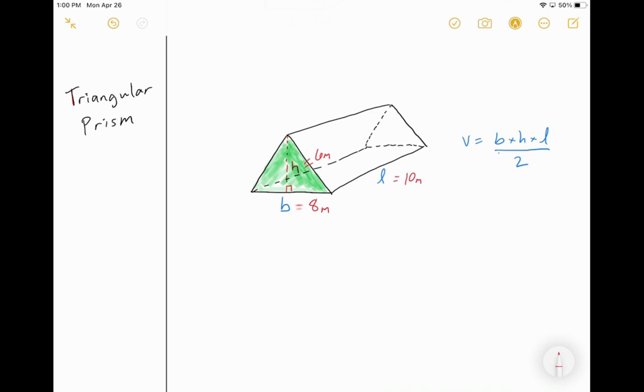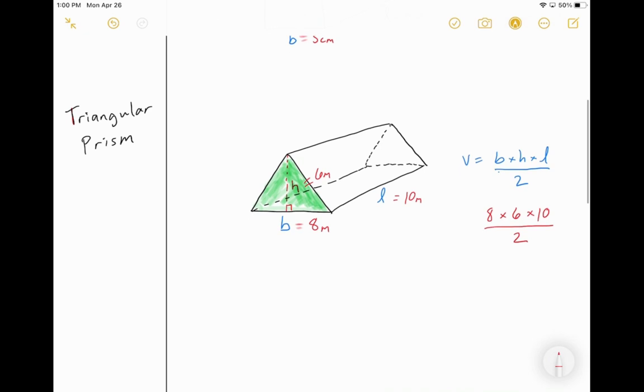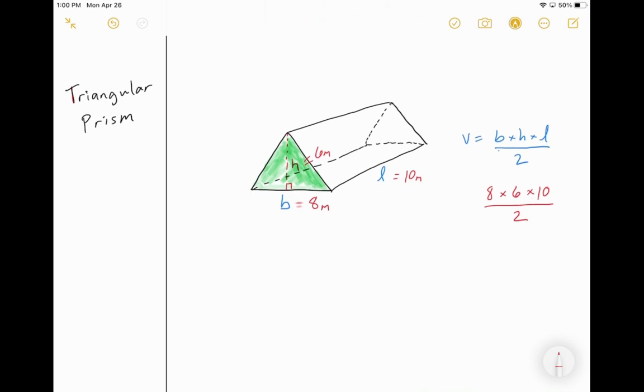So what are you going to do? You're going to say, okay, 8 base times 6 height times 10 length, all divided by 2. You punch it into your calculator and you get your final answer. So 8 times 6 times 10 divided by 2 is 240 meters cubed.